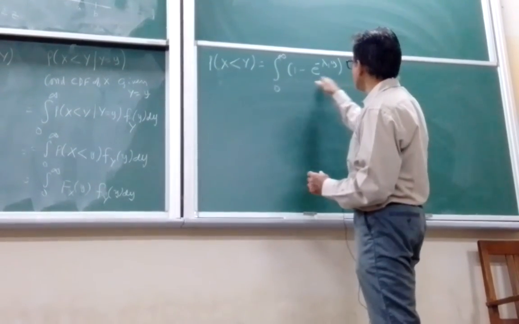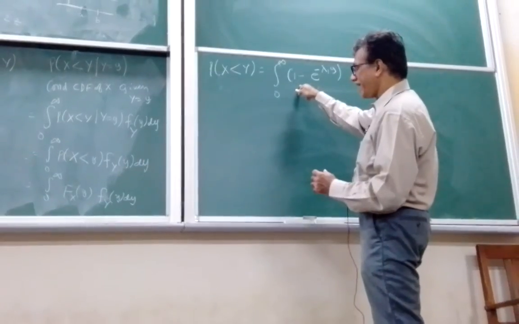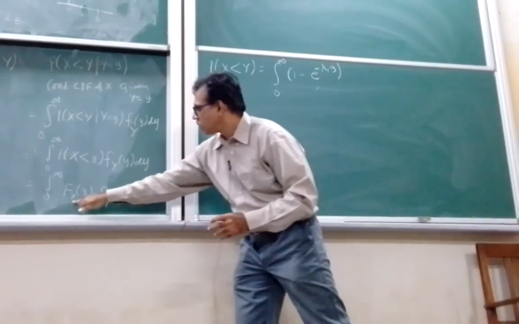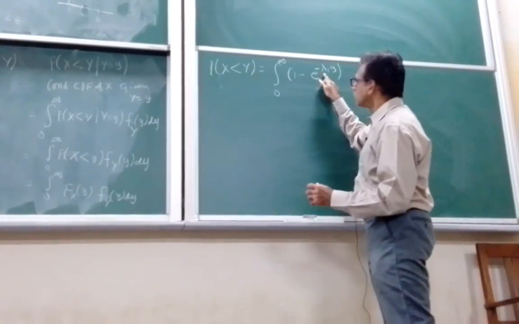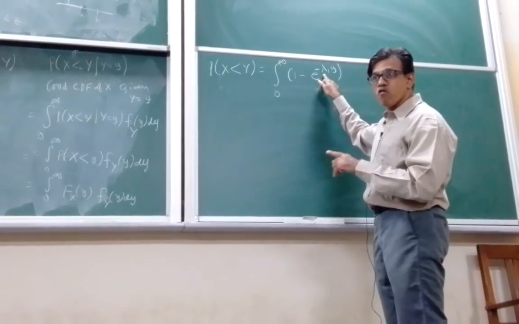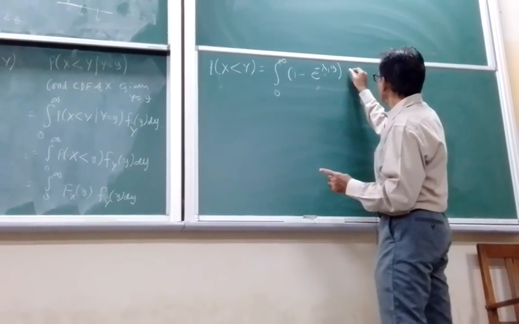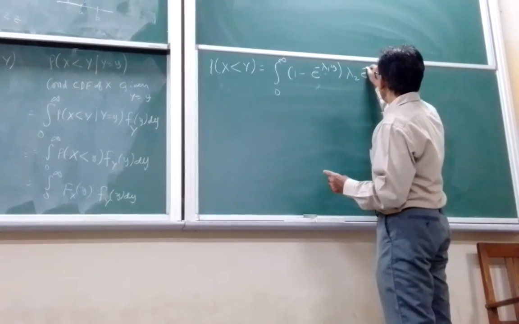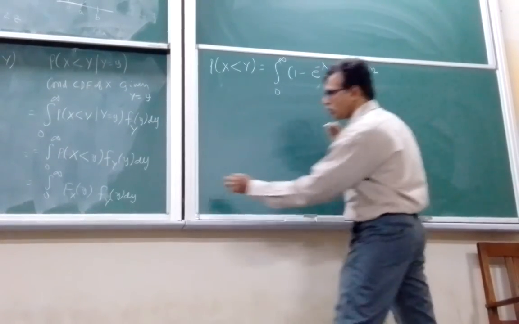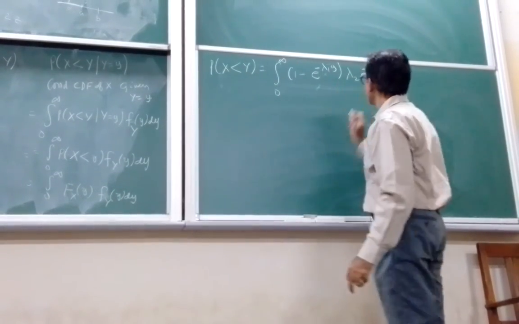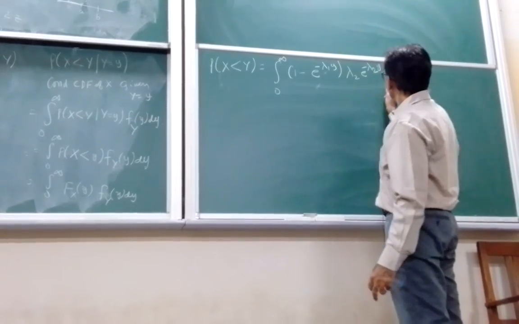But Y has the rate lambda 2. In the case of X, you put lambda 1. For the case of Y, you have to put lambda 2. So it is lambda 2 e power of minus lambda 2 into y, evaluated at y, into dy.